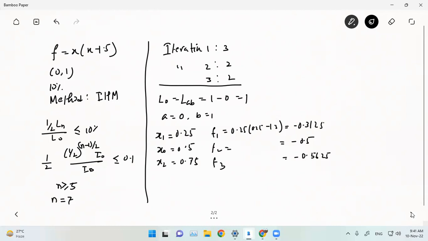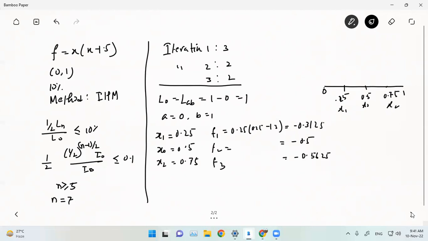So plot the values 0, 1, the middle 0.5, which is your x0, and 0.25 and 0.75, x1 and x2.